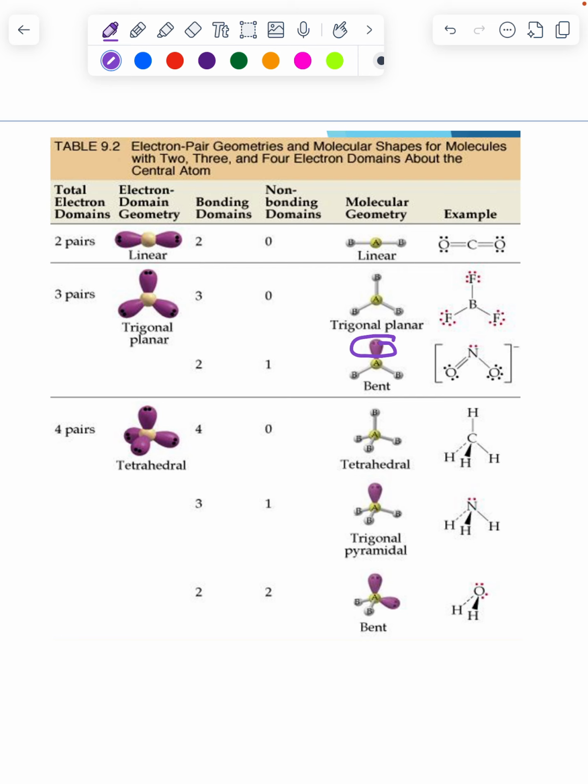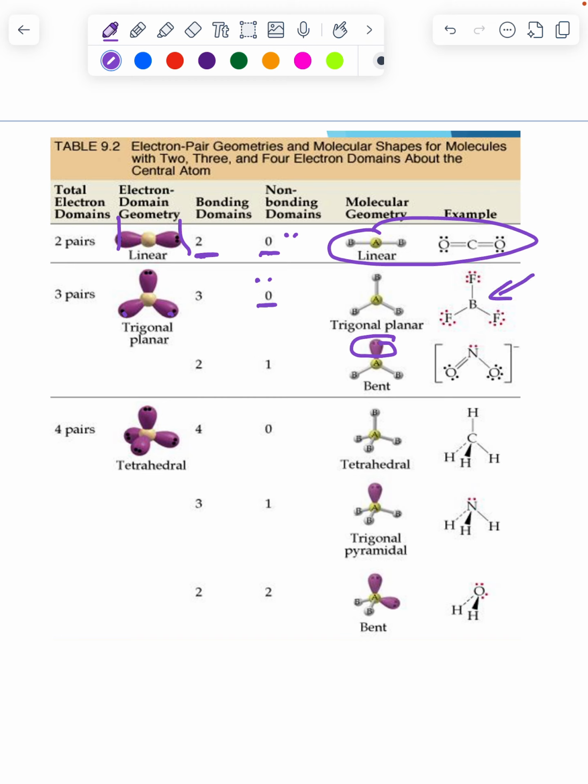When you're reading this chart, if you have 2 things, we say that there are 2 bonding domains. There are no non-bonding, so there's no pair of dots. And it's linear, and it's always going to be linear, okay? If you have 3 pairs and no dots, it's trigonal planar, and it's not going to change.